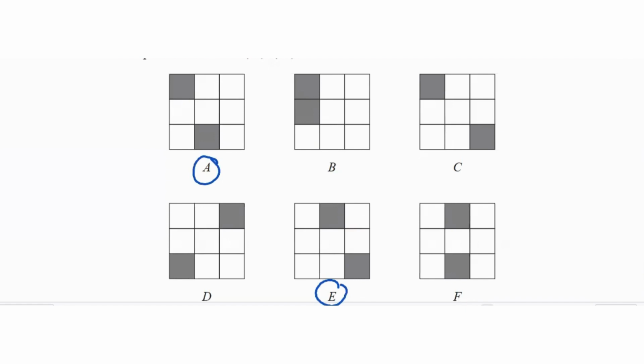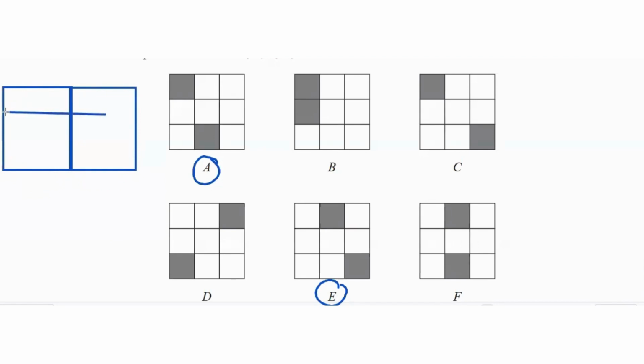So we have this is A and this is E. So if we make the complete shape, this is A and this is E. Okay.